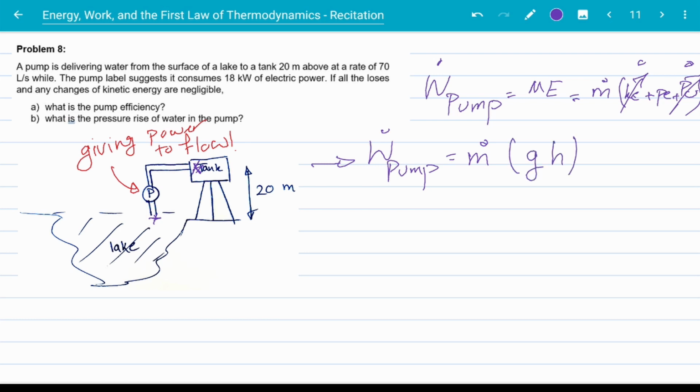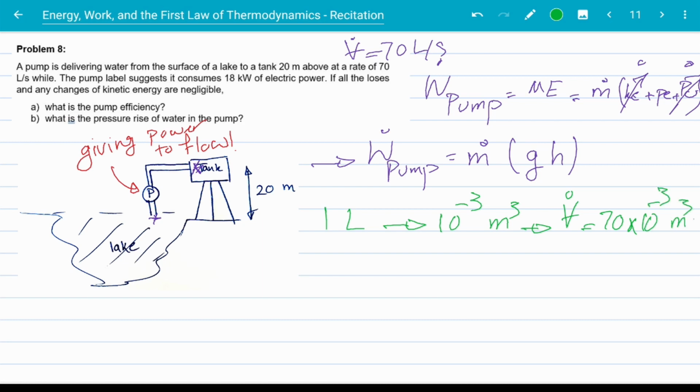Now let's find m dot. So the problem says that we have a volumetric flow rate of 70 liters per second. We need to convert that into mass flow rate. 1 liter is 10 to minus 3 meters cubed. So our volumetric flow rate is actually 70 times 10 to minus 3 meters cubed per second.